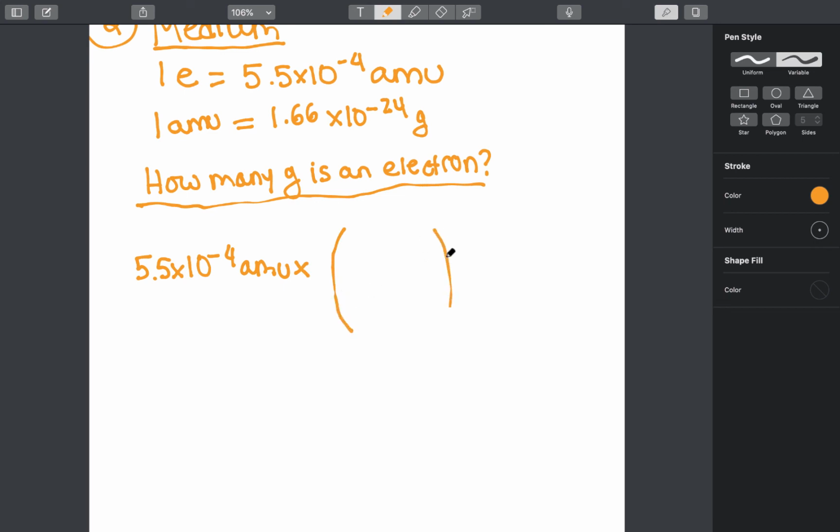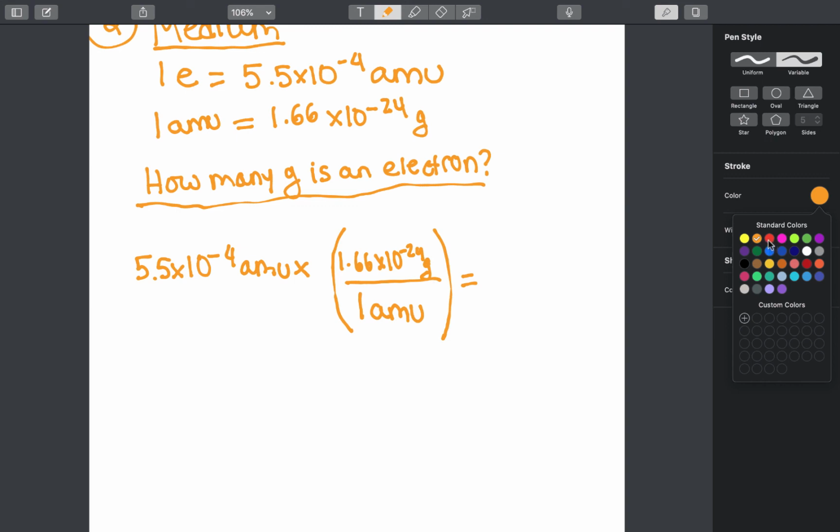And this conversion factor is 1 AMU in the denominator and 1.66 times 10 to the negative 24 grams. So if you cancel out your units, AMU cancels out, AMU cancels out, and then you plug it into your calculator.